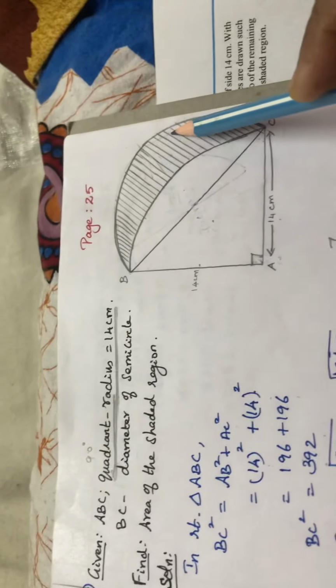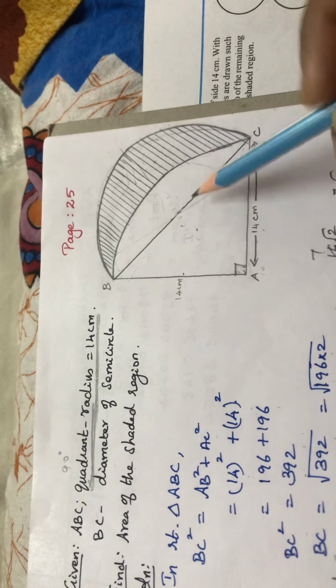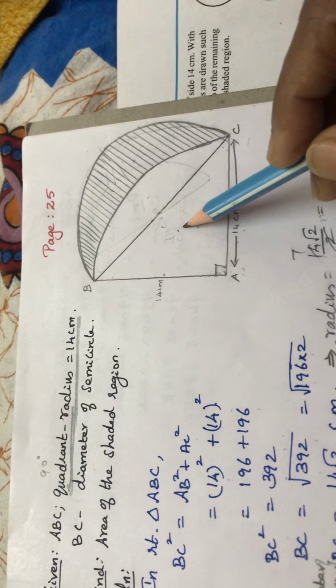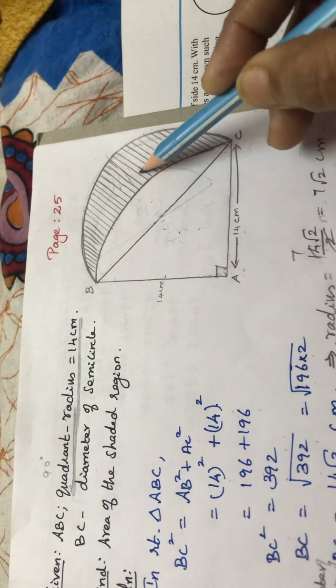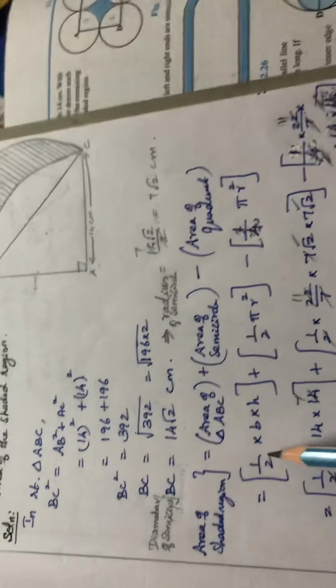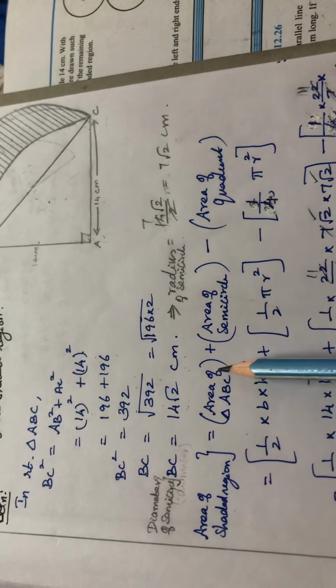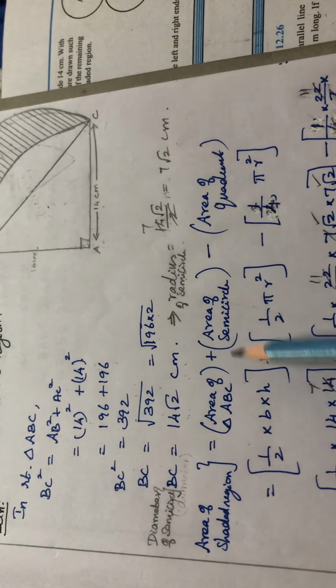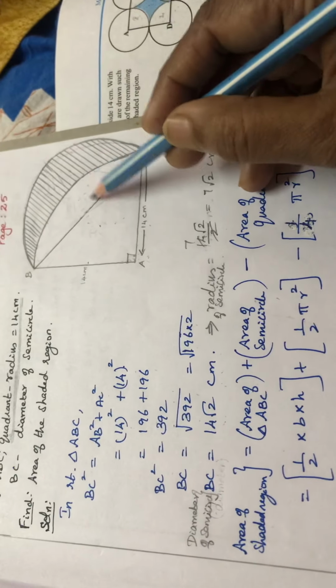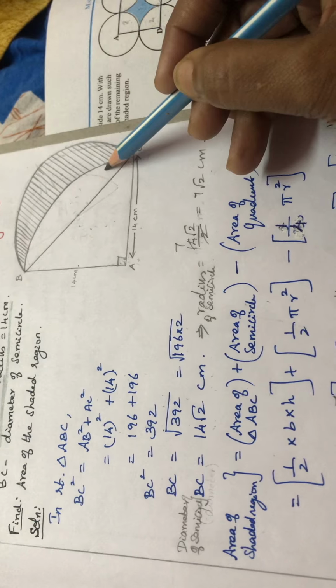Now the area of the shaded region is nothing but the area of the triangle ABC plus the area of the semicircle minus the quadrant region. This triangular region plus this semicircular region, the entire region I am taking.